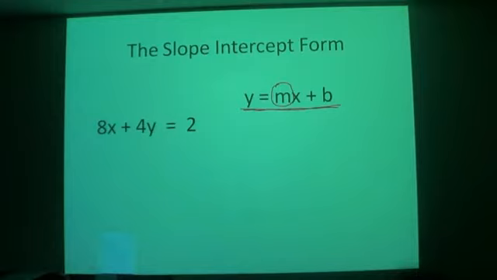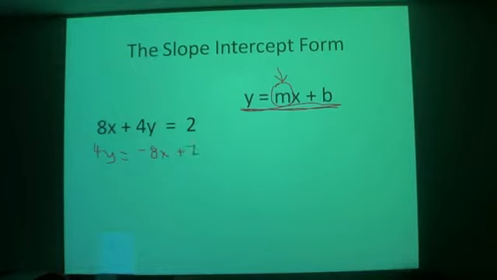So if we have 8x plus 4y equals 2, if we can get this into the form of y equals mx plus b, we can tell several things. We can tell what its slope is, and we can tell where it crosses the y-axis. So let's massage on this a little bit. If I move the 8x to the other side, I wind up with 4y equals negative 8x plus 2.